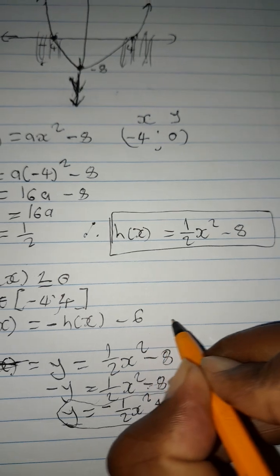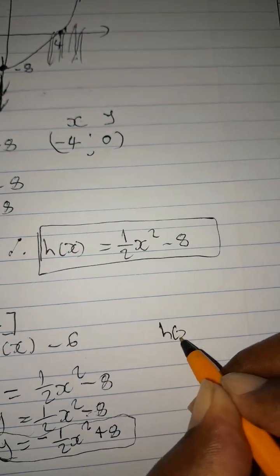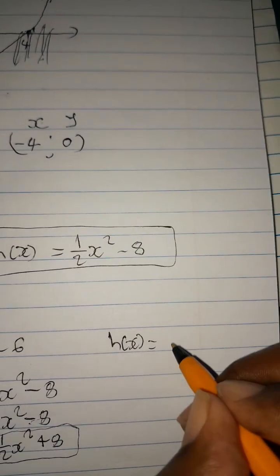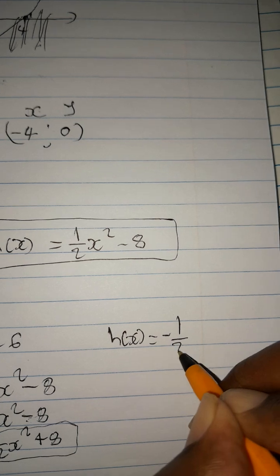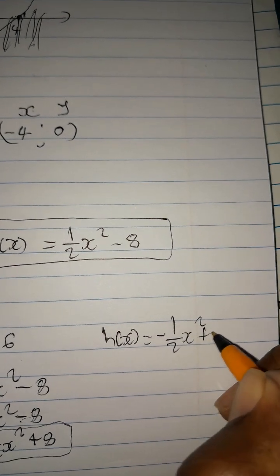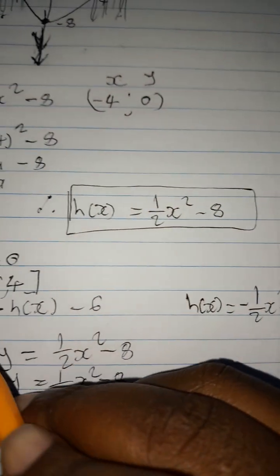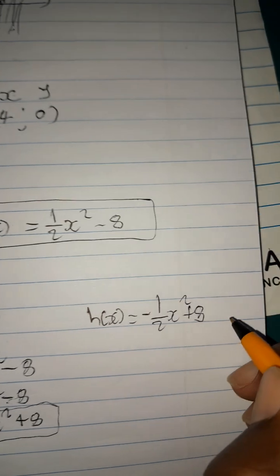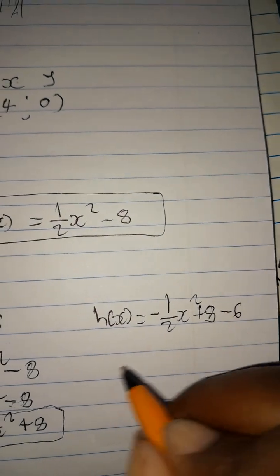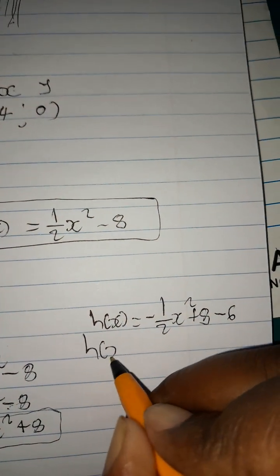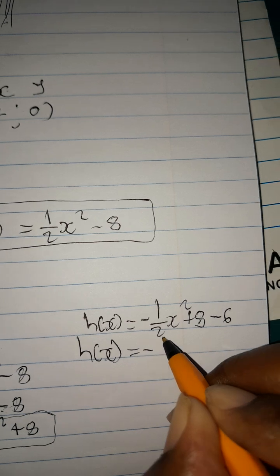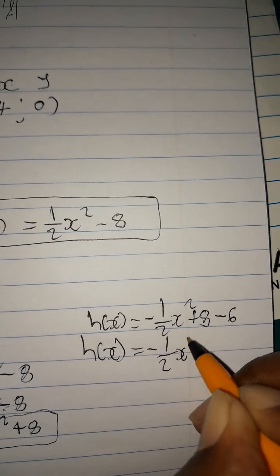So we will plug it here. We have negative half x squared plus 8 minus 6.